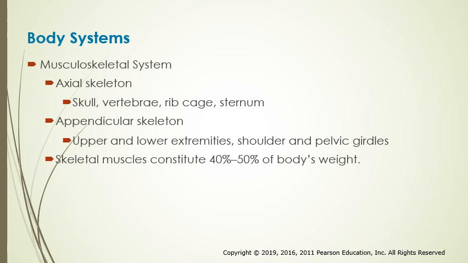The musculoskeletal system is divided into two different skeletons: your axial skeleton, which is your skull, vertebrae, ribcage, and sternum, and then your appendicular skeleton, which is your upper and lower extremities, and your shoulder and pelvic girdles. About 40 to 50% of our body weight is muscle, probably more so for some people than others.